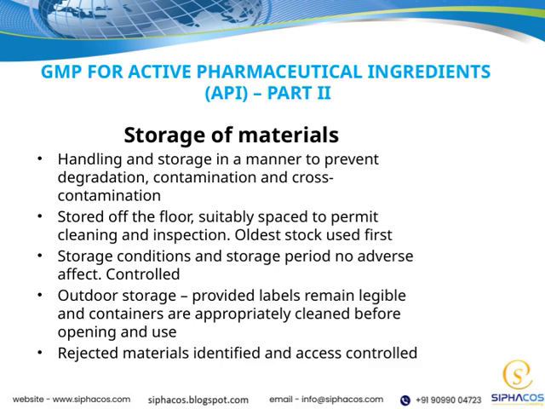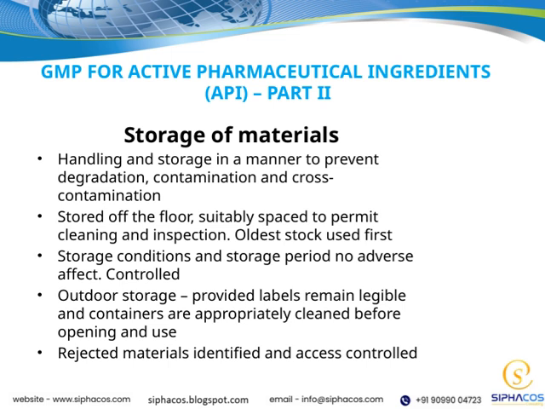That's why controlled environments are necessary. Temperature, humidity, and other factors must be carefully managed. For outdoor storage, additional precautions are needed. Labels must remain legible, and containers should be cleaned properly before opening or use to prevent contamination.